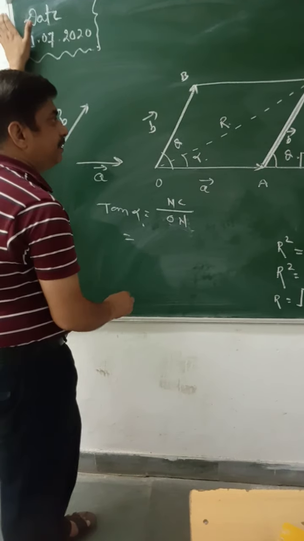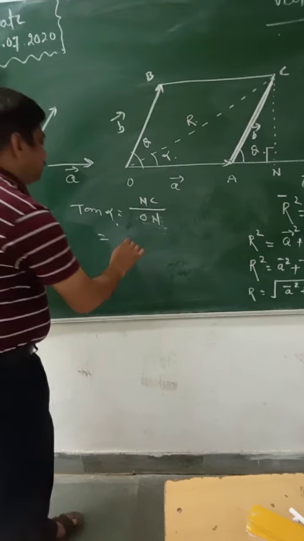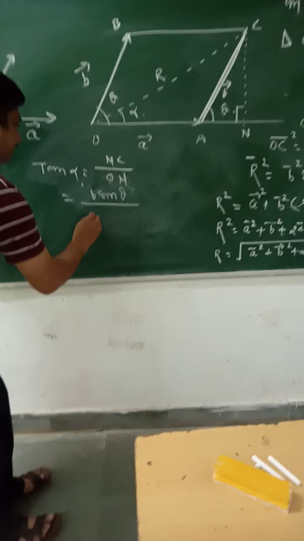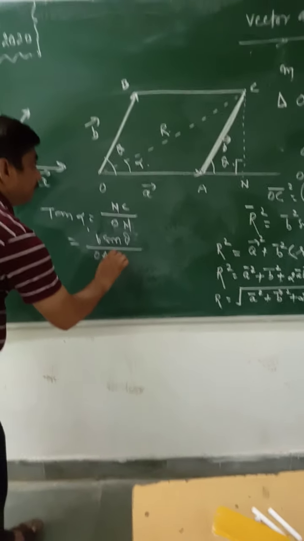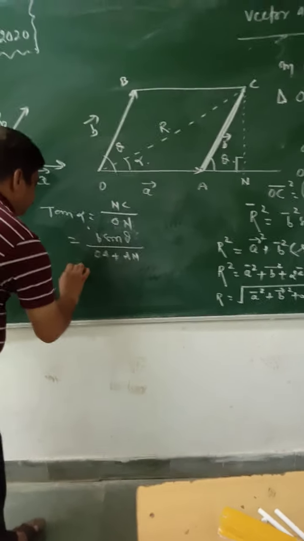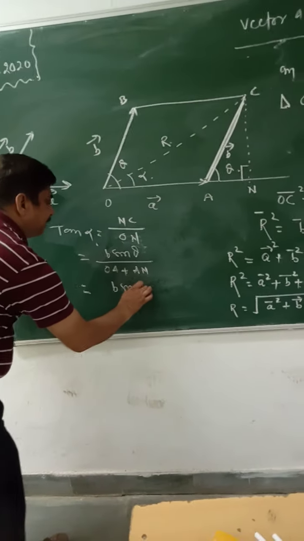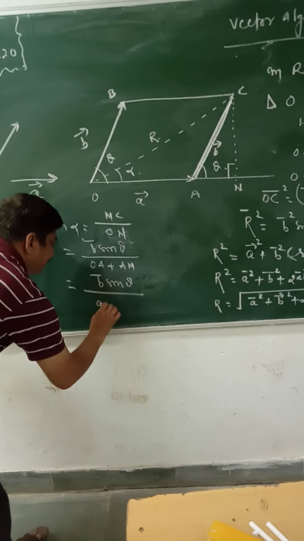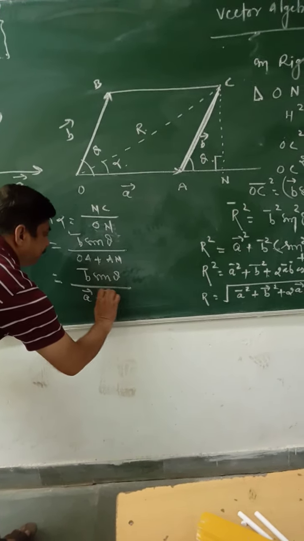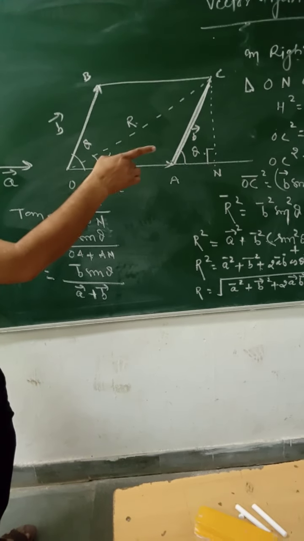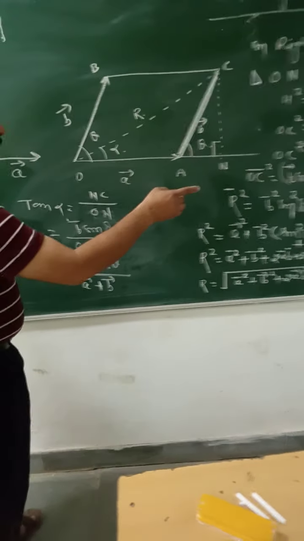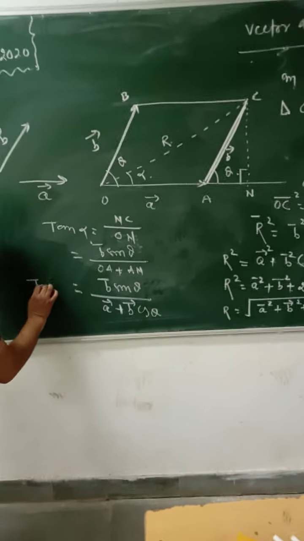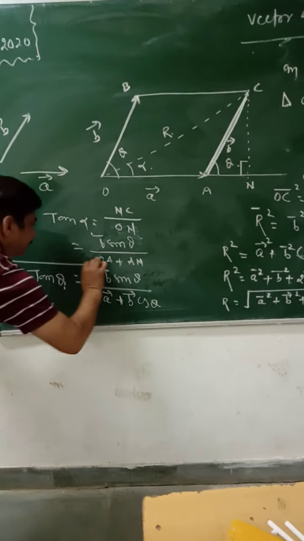What is the value of NC? B sin theta. And what is ON? ON is equal to OA plus AN. So this is B sin theta divided by vector A plus vector B, AN. You can see AN is equal to B cos theta. So this is B cos theta.